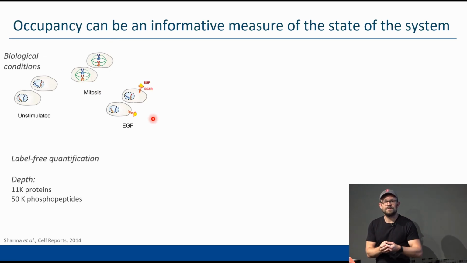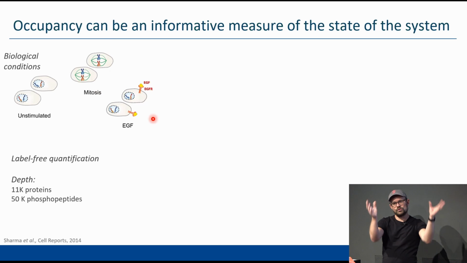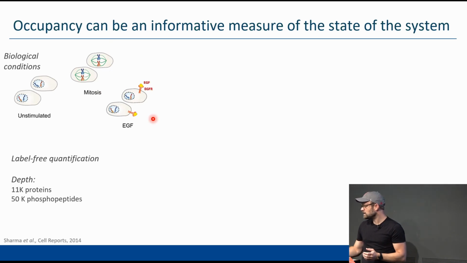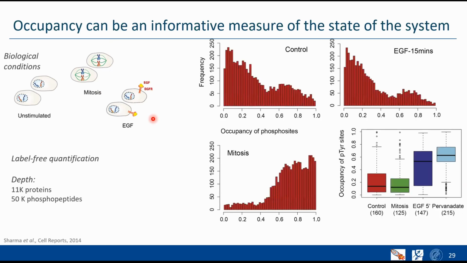For example, right at the beginning, I showed you the cell cycle, where there's a lot of phosphorylation going on. This was confirmed by using the occupancies that I showed you how to calculate. This is the control, a histogram over the occupancies of the phosphosites.